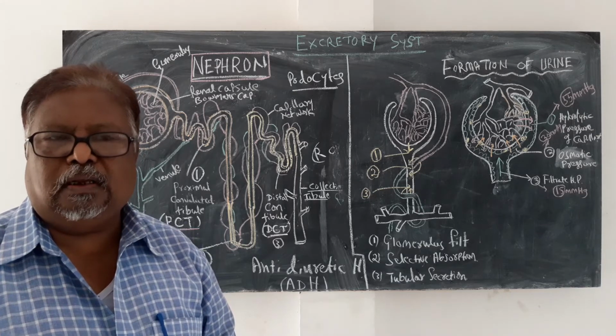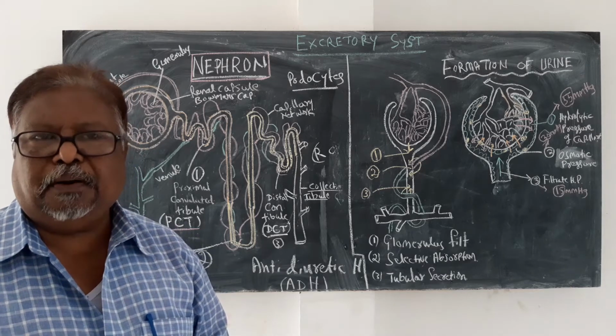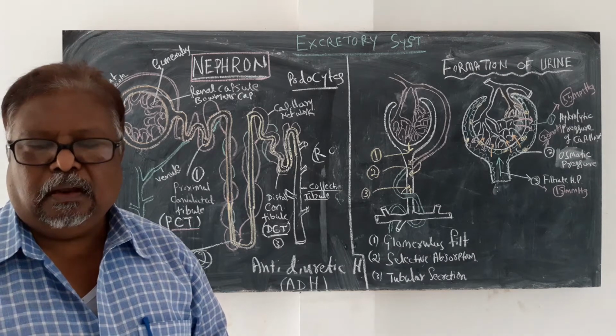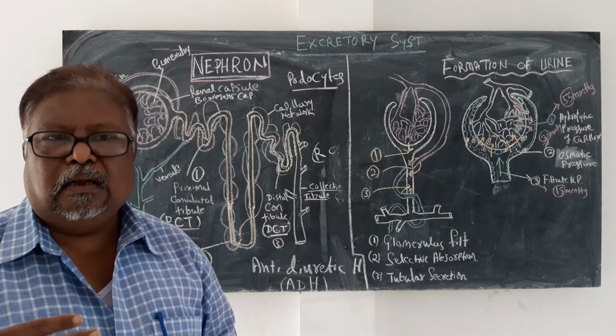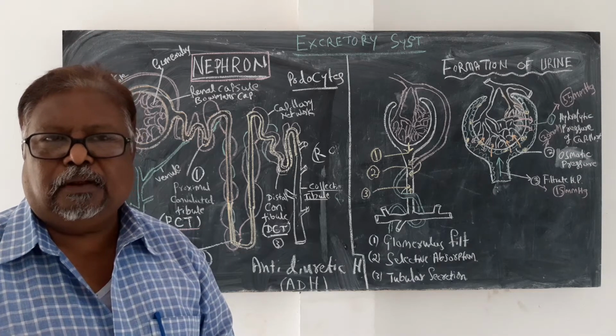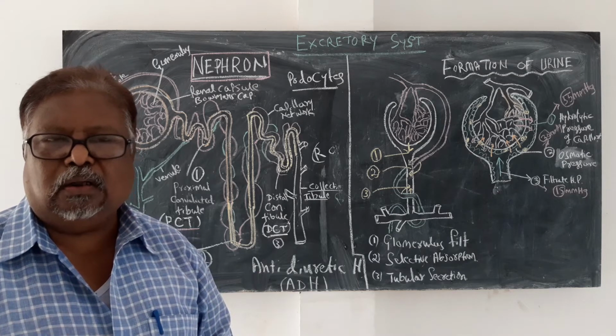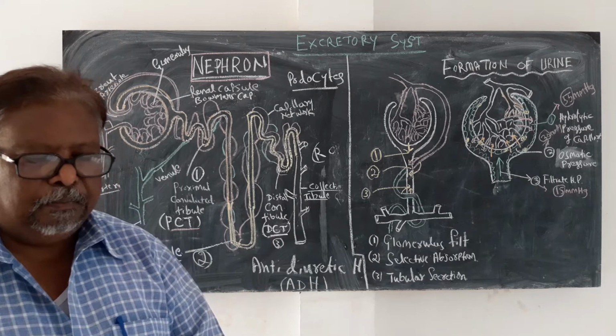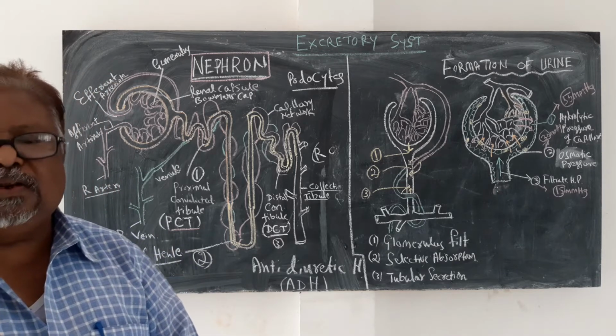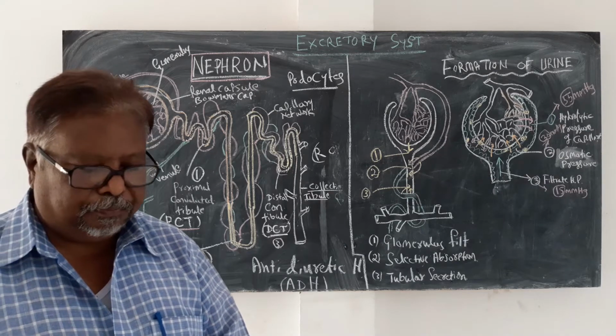Excess of all these things should be expelled out as urine, and the blood is filtered. The blood is purified or filtered by expelling out all these excessive materials as the nitrogenous waste in the nephron.